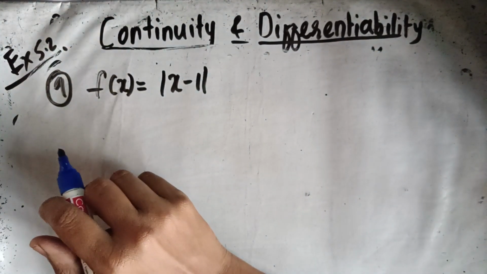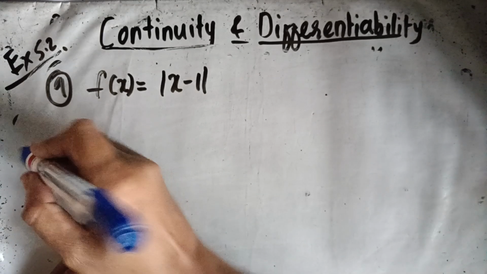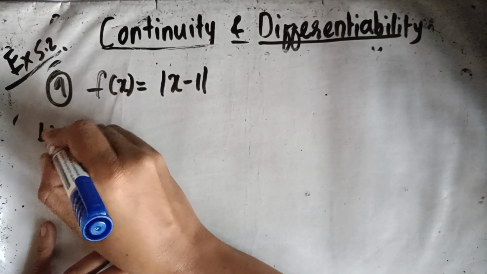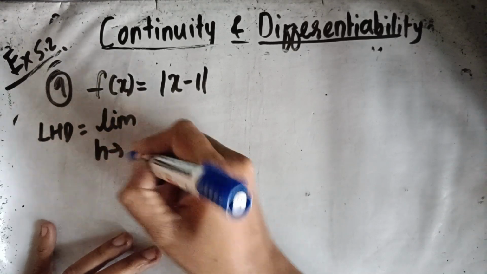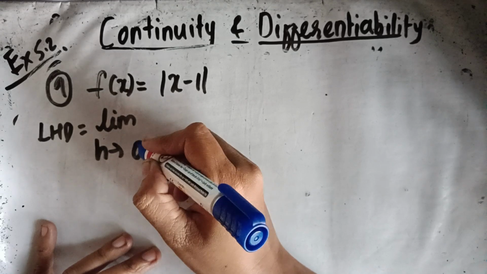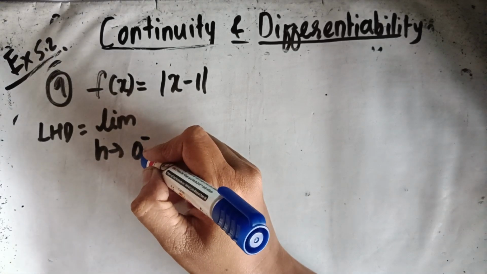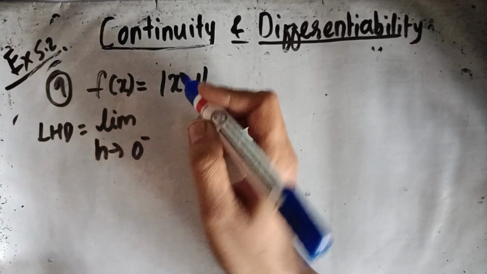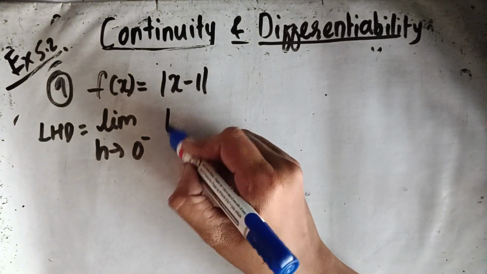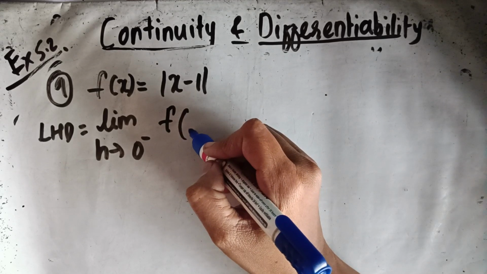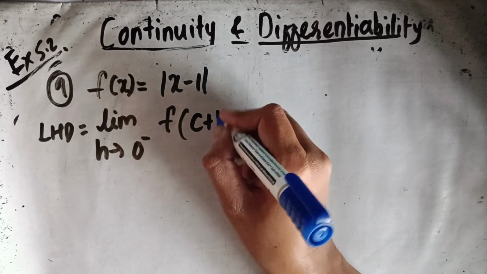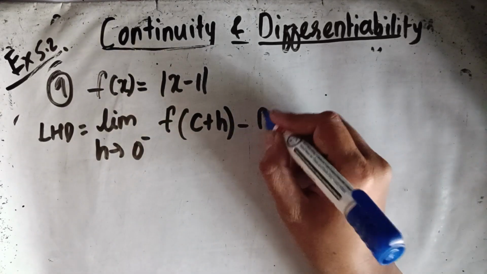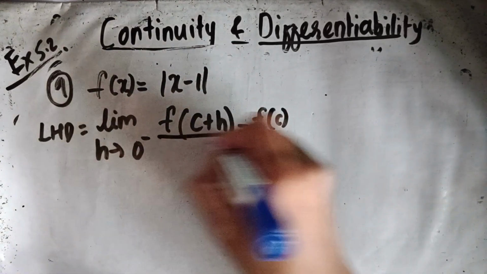So at x equal to 1, first you write the left hand derivative: limit as h tending to 0 minus, it is f of c plus h minus f of c upon h.